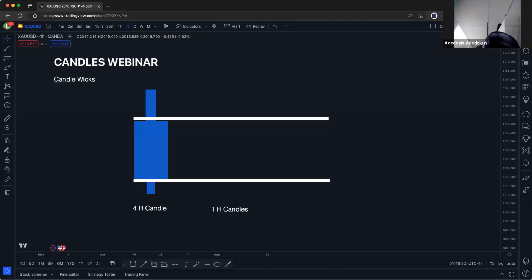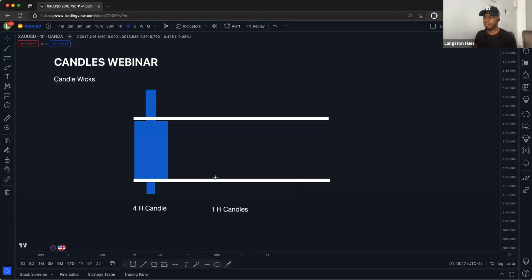We had price drive up, right? Let's say price opened up right here.